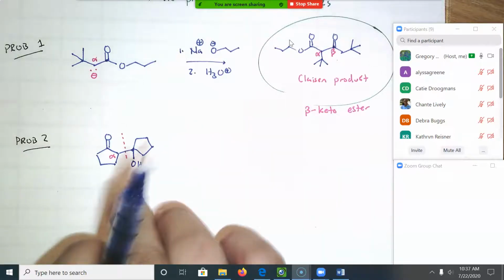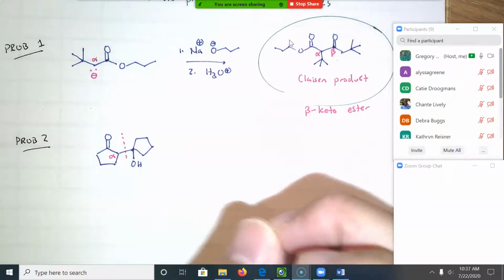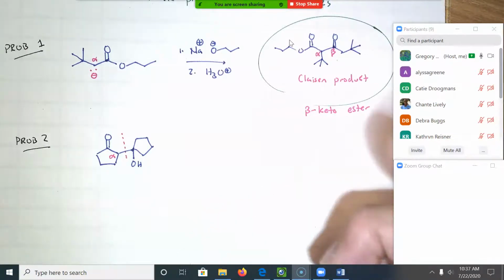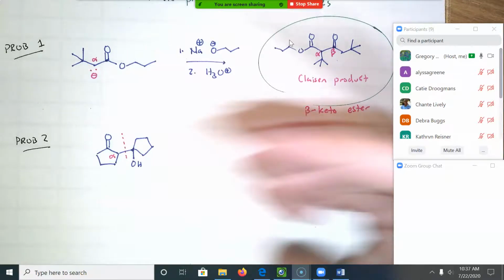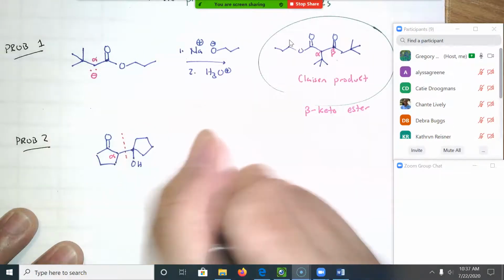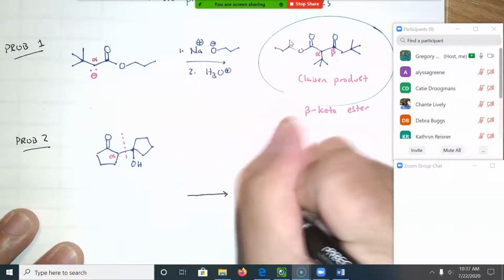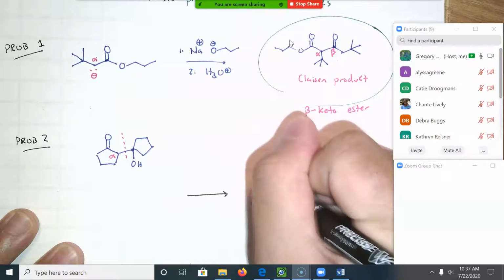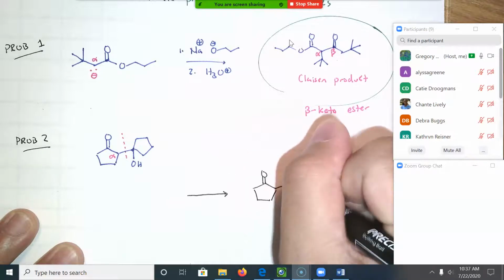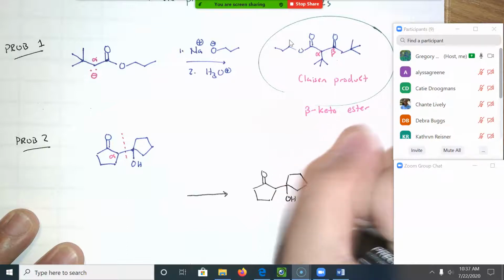How would you synthesize this? This is a legitimate question, right? Because it's not even a synthesis, it's just one reagent. So really, here's the question. Fill in the blanks. I could ask the same question in a different way.